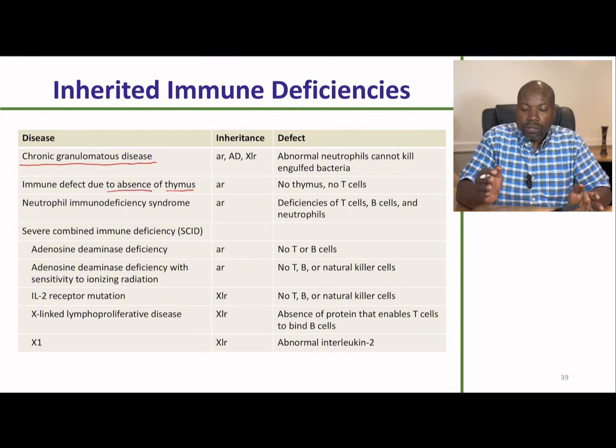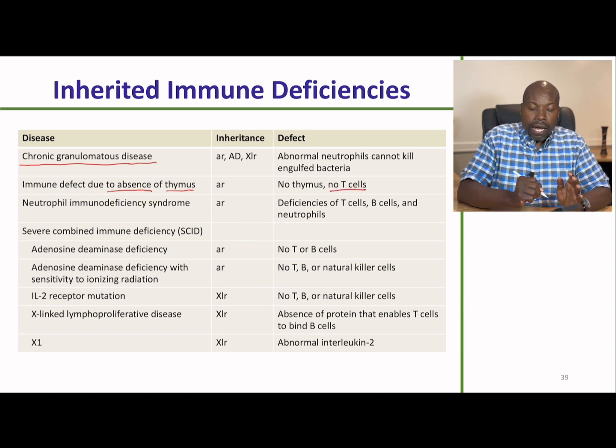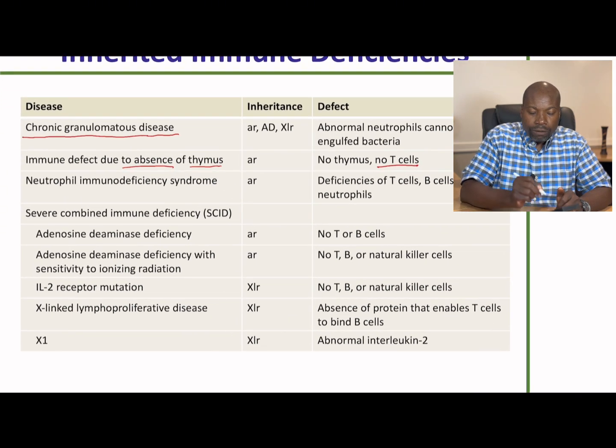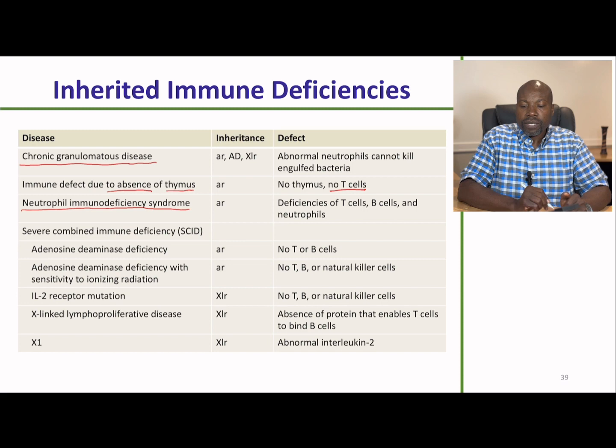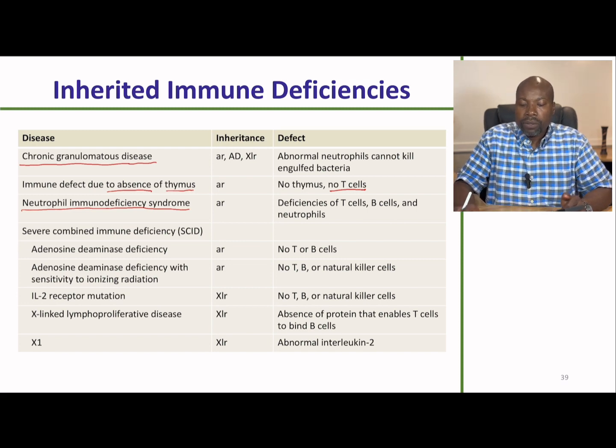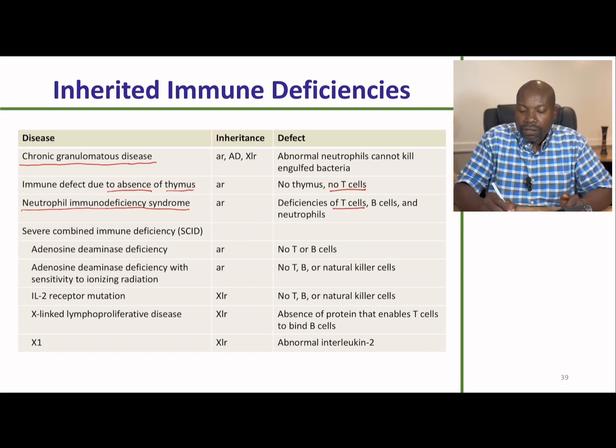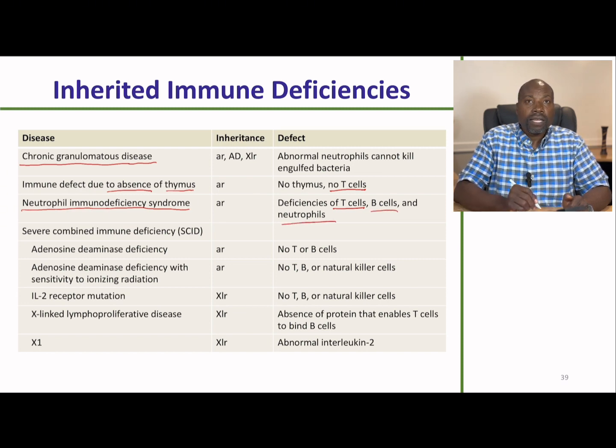If there is no thymus, well, there are no T cells, right? There are also other conditions associated with neutrophil immunodeficiency syndromes. This is caused by T cells and B cells and neutrophils that are not able to do their job.